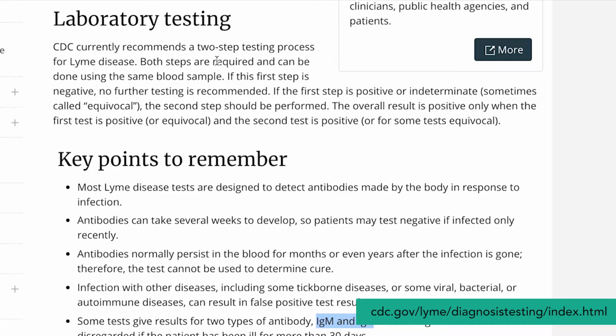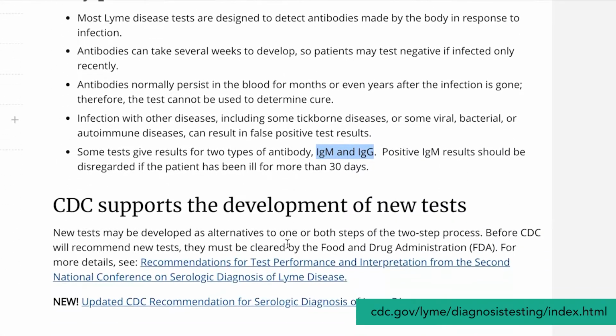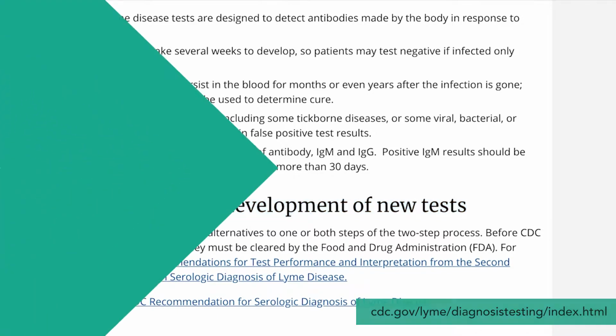This is a serious problem, and as you can see, the CDC supports the development of new tests. This is basically saying, somebody please create a better test that can tell us whether or not people have Lyme disease that doesn't depend on antibodies, because if you can do that, then you can actually solve the problem here.